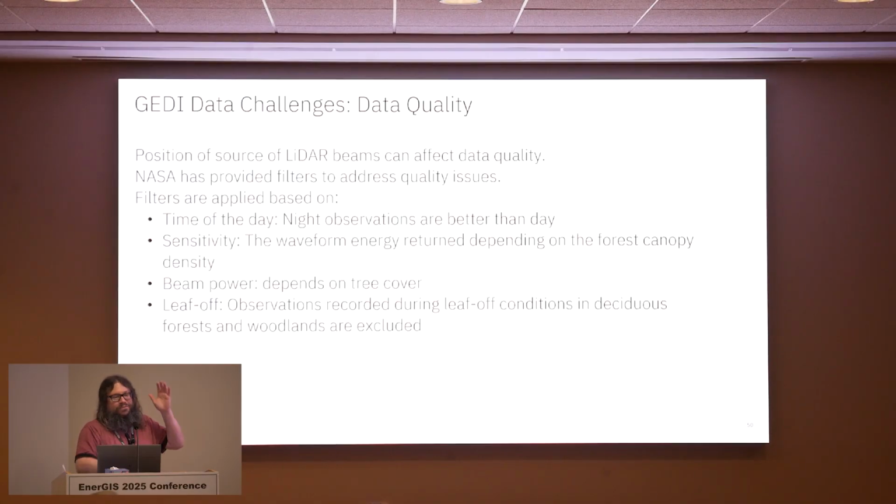So there's gaps of data missing. So we have a filter on all the GEDI data as well, based on, we want to focus on night observations more than day observations. And there's a bunch of metrics built into the GEDI data that we use to filter which pieces of data we want to keep.